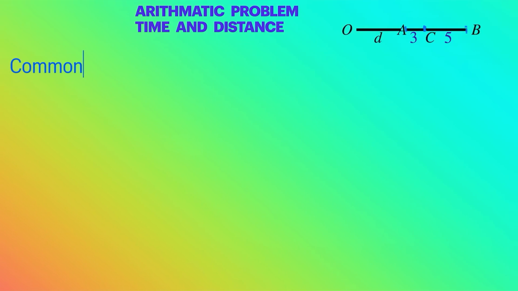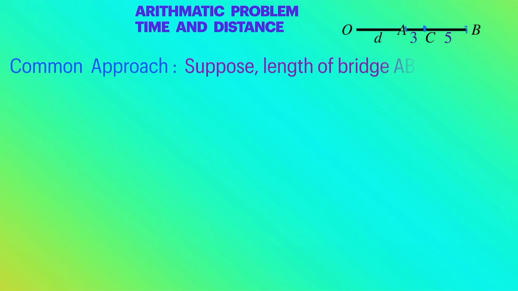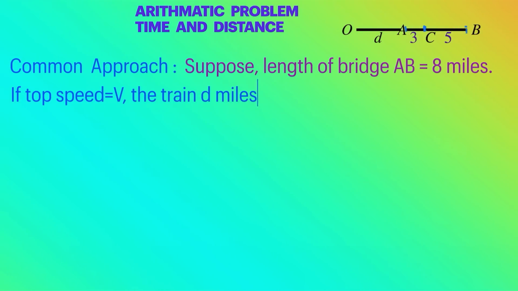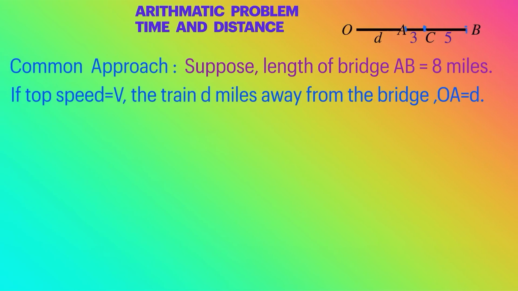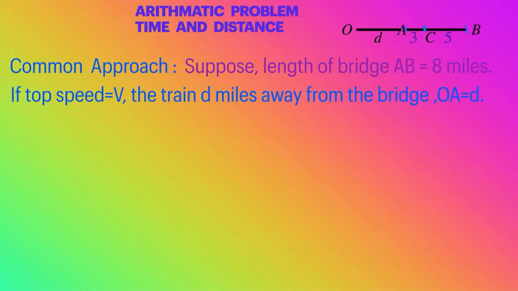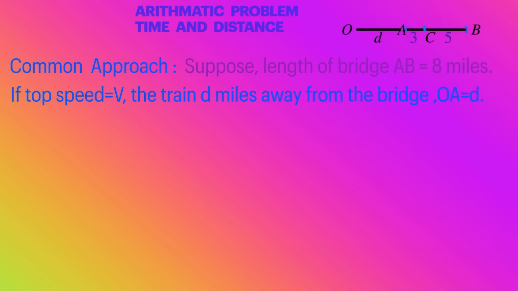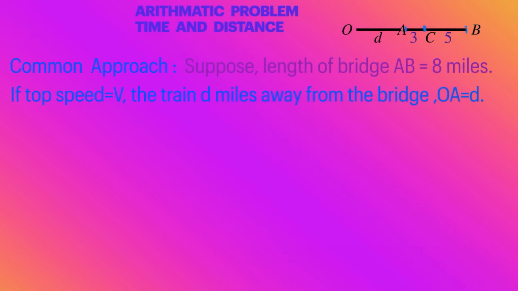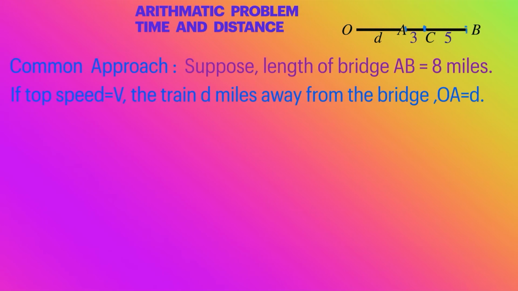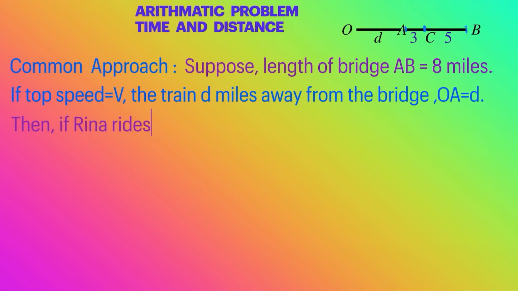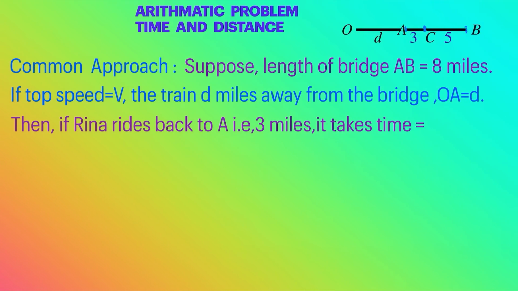So for the common approach we may write: suppose the length of bridge AB equals 8 miles, and the top speed equals V. Suppose the train is D miles away from the bridge, so OA equals D. If Rina rides back to A, that is 3 miles, it takes time.